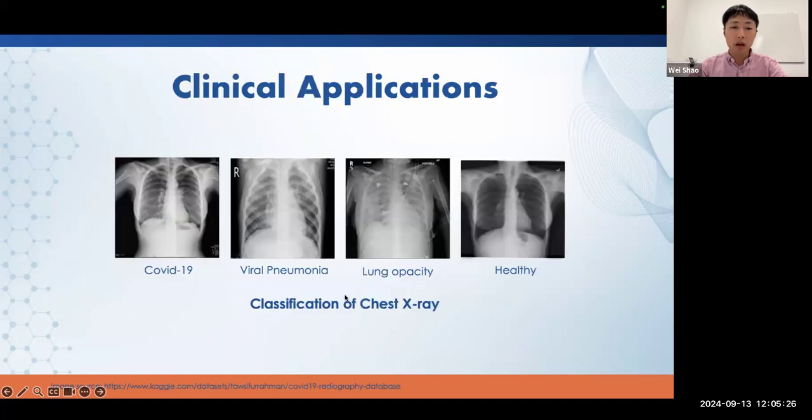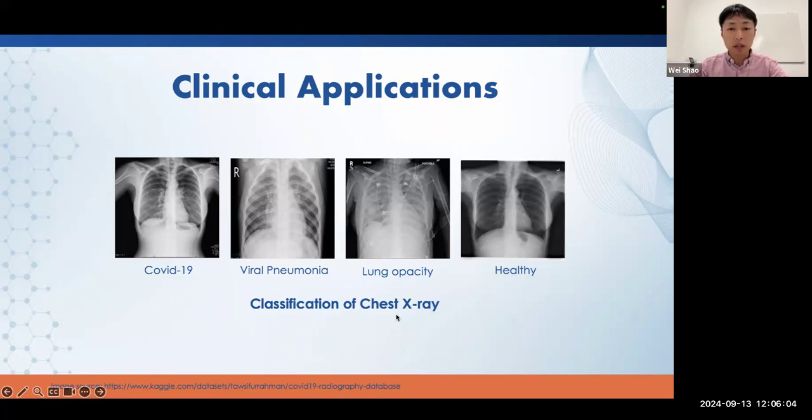Image classification has been widely used in clinical and medical imaging. For example, during the COVID pandemic, there has been a lot of research to improve the screening and diagnosis of COVID-19. Here I'm showing an example where the AI model takes a 2D X-ray image of the lung and can automatically classify patients into 4 different categories: COVID-19, viral pneumonia, lung opacity, and healthy.